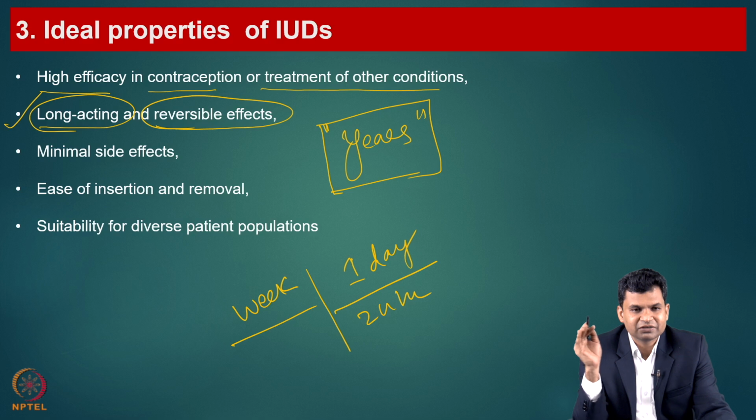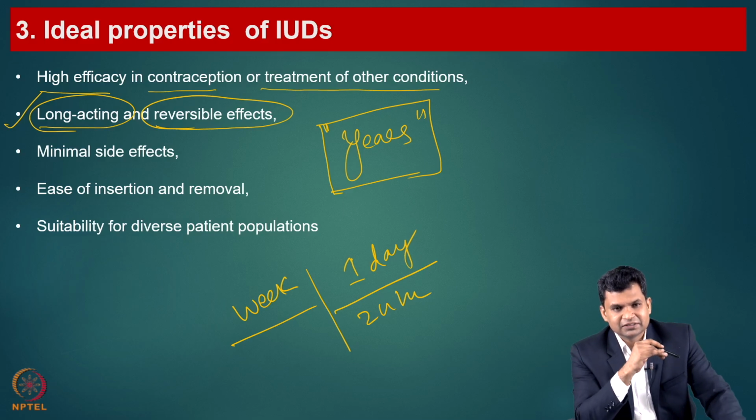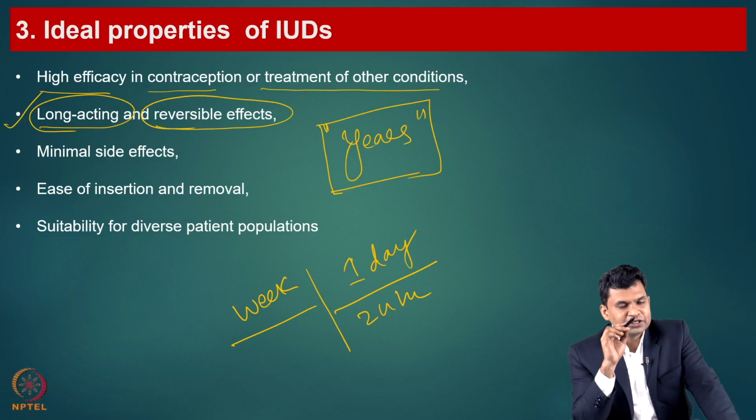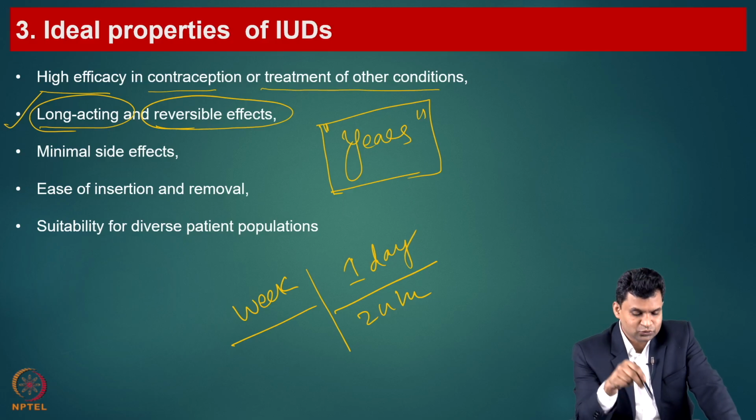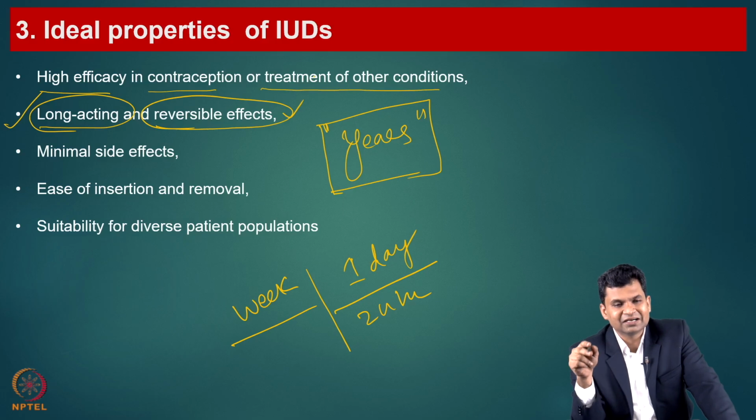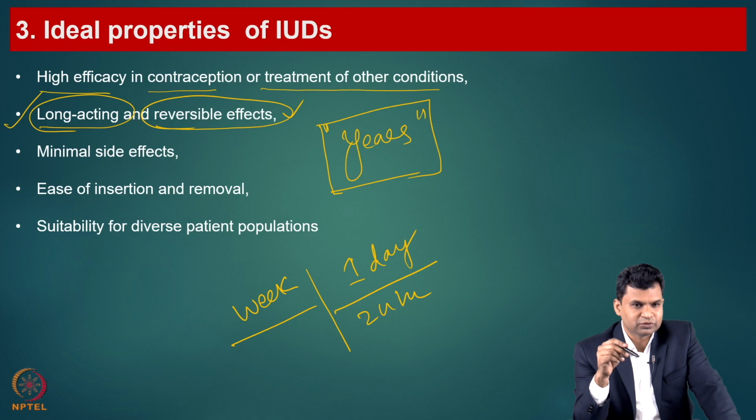After removing the contraceptives or IUDs, it should be possible to conceive a pregnancy. It should not create any problems for the patients in terms of bleeding, pain or any type of such effect. That is the reversible effect; it should not completely avoid pregnancy after the removal of the IUDs.